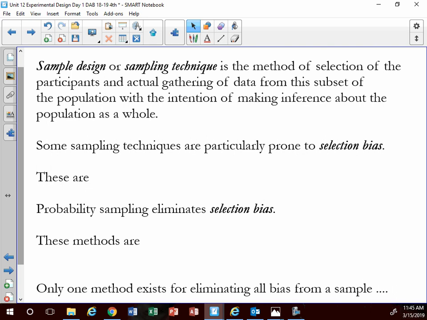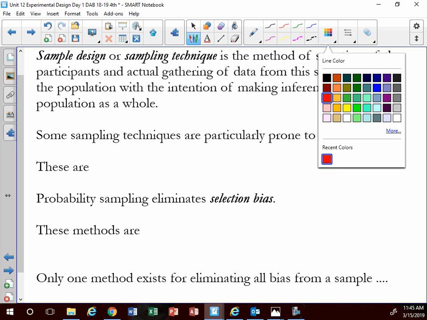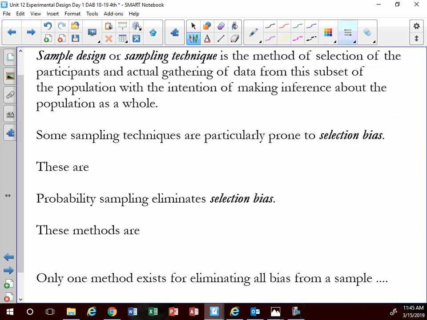So the ones we want to write in here are voluntary response and convenience. Or just convenience, that's easy. Okay? I think you're starting to see that those two are not going to give you unbiased answers.